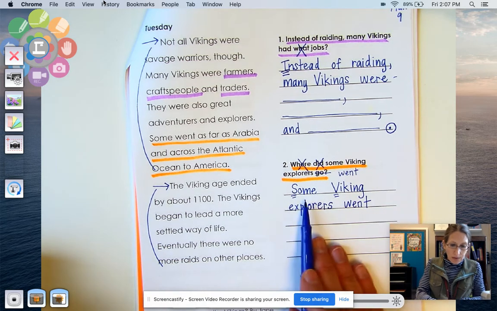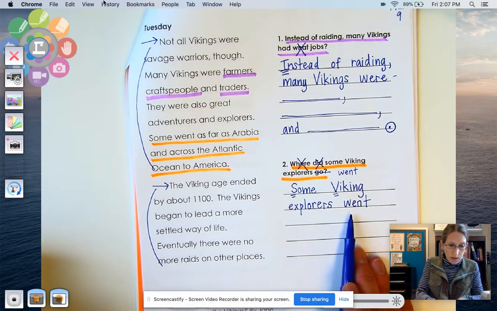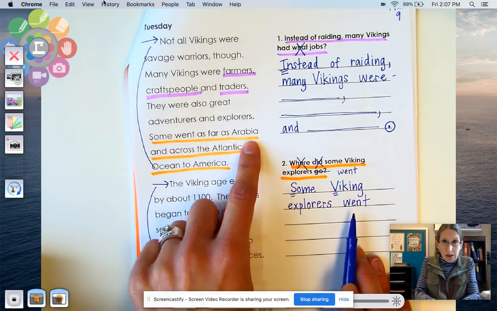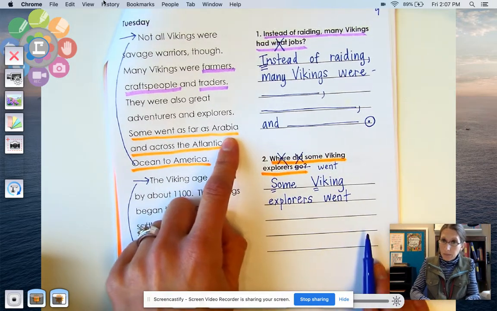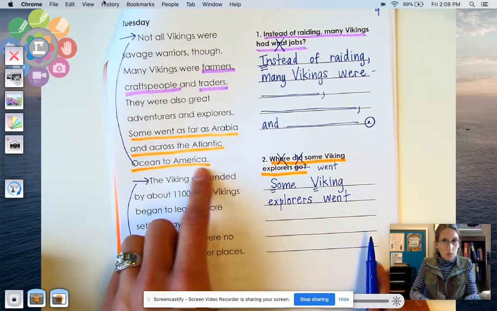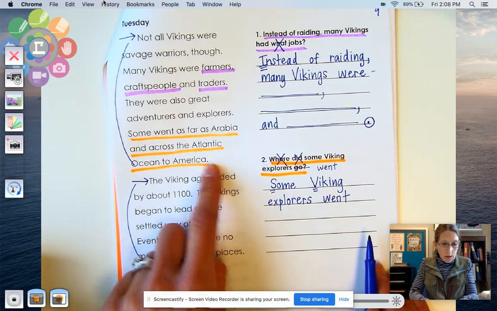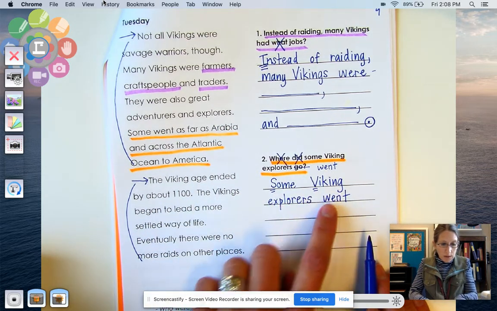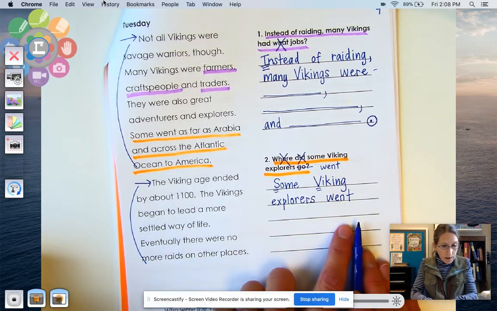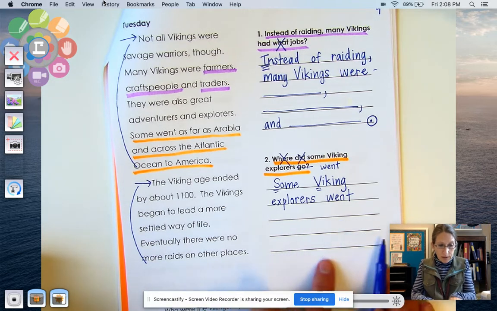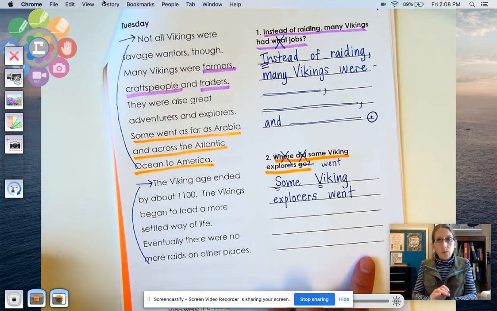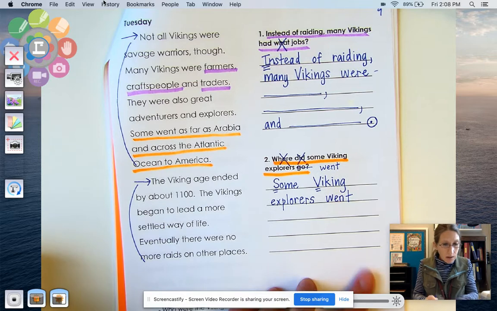So we could write some Viking explorers went as far as Arabia, period. Or you could write this whole sentence if you want. Some Viking explorers went as far as Arabia and across the Atlantic Ocean to America. If you want to write all of that, you totally can.